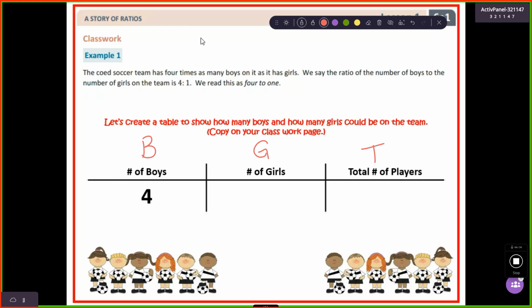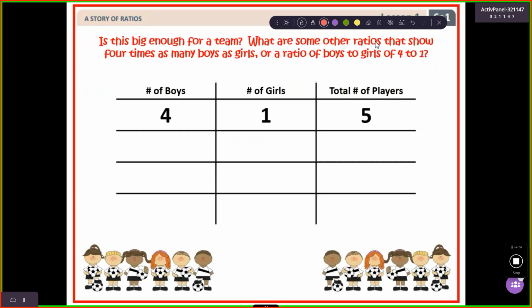Go ahead and read the co-ed soccer team problem on your paper. It has 4 times as many boys on it as it has girls. Go ahead and read that to yourself. So again, I'm going to read it aloud.